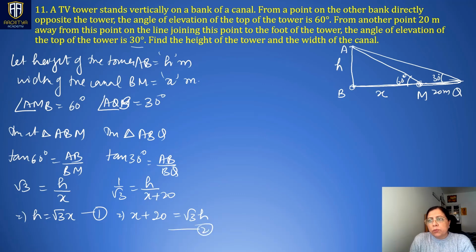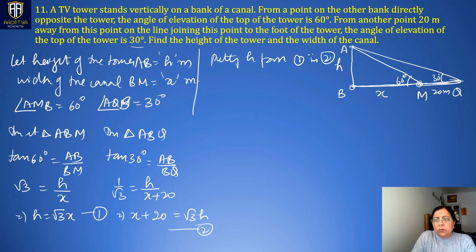Now again we have to find both the variables H and X, so we can do it in either of the orders. We can find H first or X first. Putting H from equation 1 in equation 2, the value of H is root 3 X. So we have X plus 20 is equal to root 3 times root 3 X. So X plus 20 is 3X.